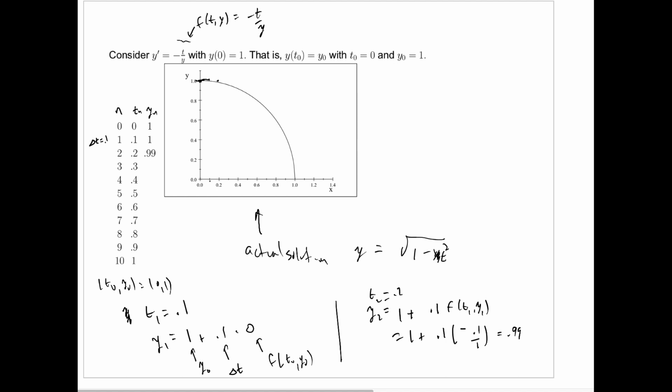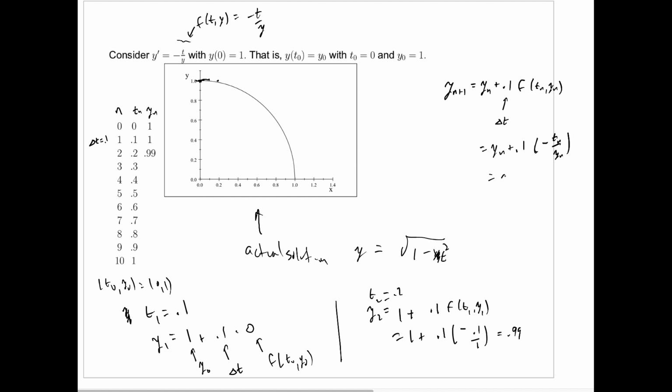We can compute using the same formula recursively. What will the n plus first y coordinate be? It will just be the nth y coordinate plus the increment 0.1, that's our delta t, times f of t sub n, y sub n, which in this case is y sub n plus 0.1 times minus t sub n over y sub n.